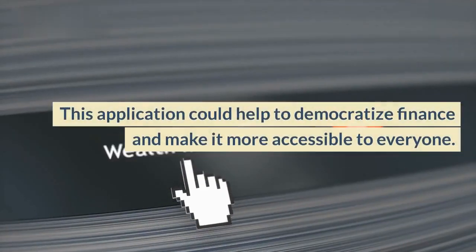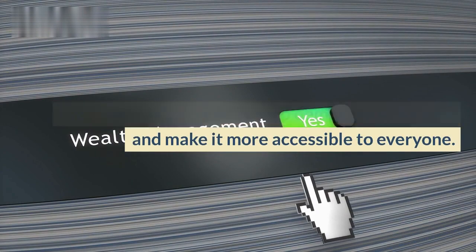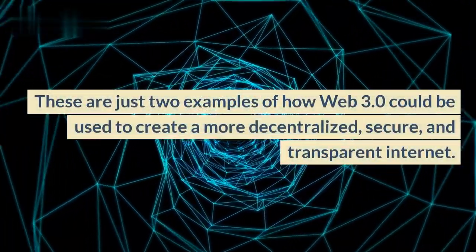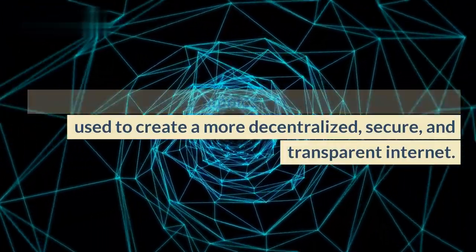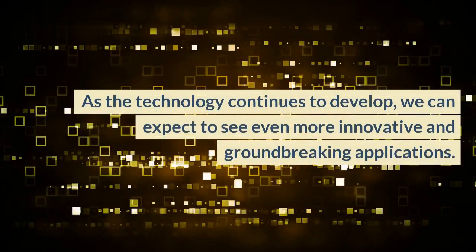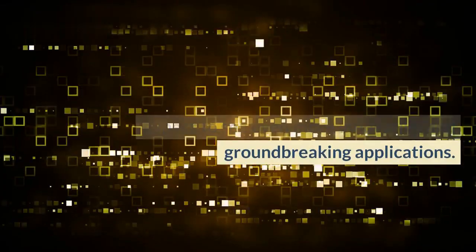This application could help to democratize finance and make it more accessible to everyone. These are just two examples of how Web 3.0 could be used to create a more decentralized, secure, and transparent internet. As the technology continues to develop, we can expect to see even more innovative and groundbreaking applications.